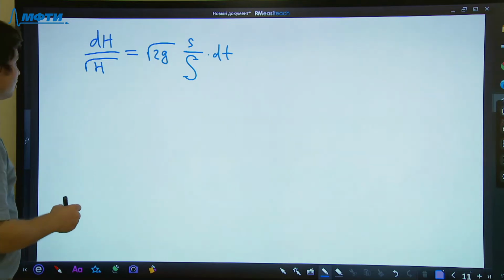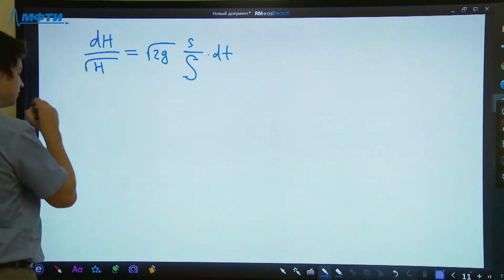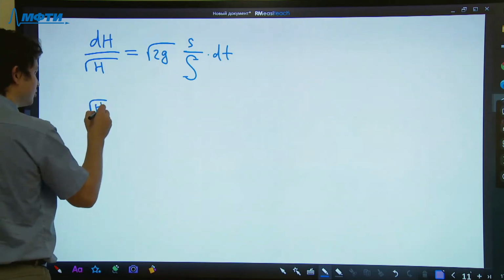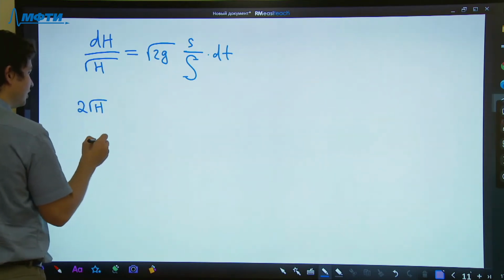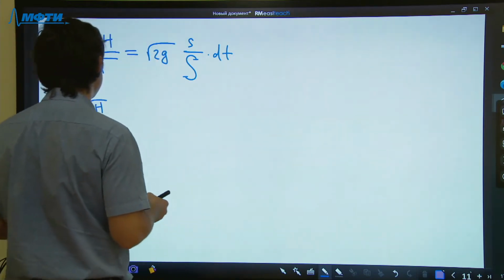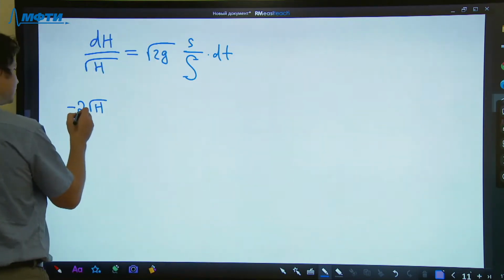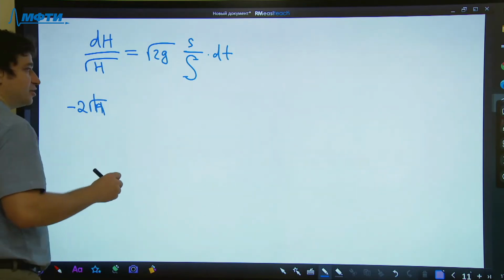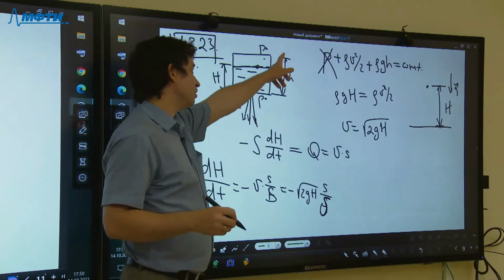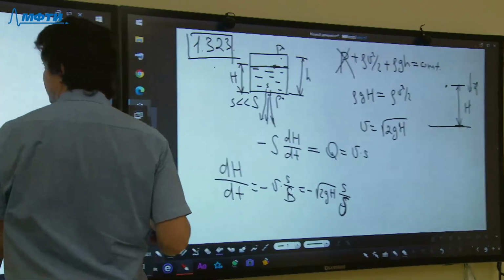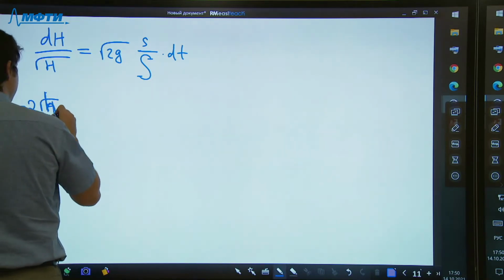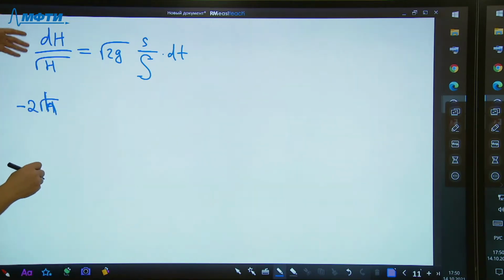The integration of this gives me something like square root of h multiplied by 2. So if I integrate from the initial to the final condition, that would give me minus 2 square root of small h. And remember please that small h was the height of the vessel. So it's negative because my height actually decreases.